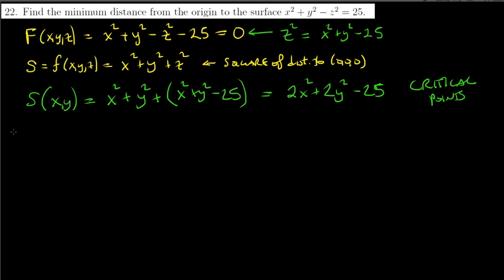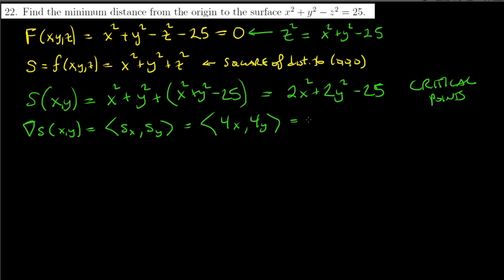So we take the gradient of s, which is the x partial of s and the y partial of s. And that's not hard, right? This is just 4x and 4y. And where is that equal to 0, 0? Only one point, right? 0, 0. The origin.